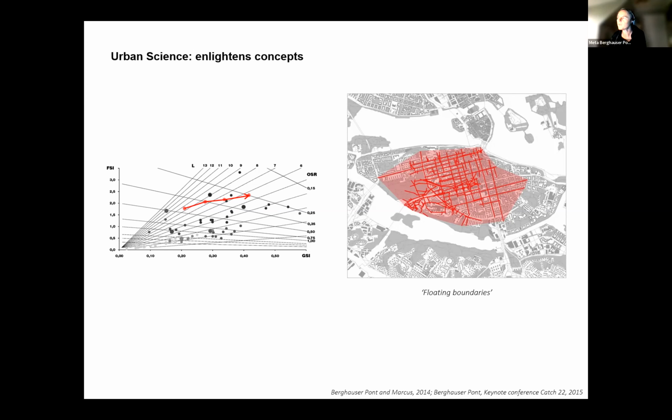If you project that in the space matrix model, you see that the dot of the density starts to move, depending on whether it's a very homogeneous or heterogeneous area. In this case, it's a very heterogeneous area, so very close to the building you live in you have a certain density, but if you start walking, the density changes. So your building is an exception in a neighborhood with another density and typology.